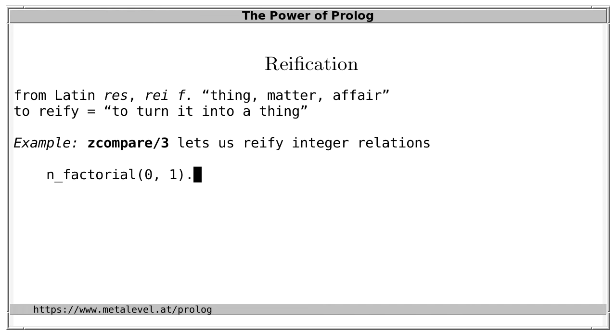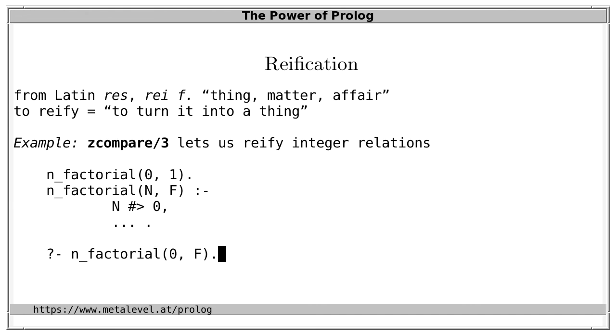And as an example use case, let's consider the relation between an integer n and its factorial f. So, for example, the factorial of 0 is 1. And further, f is the factorial of n if n is greater than 0 and so on. And when we now query, for example, what is the factorial f of 0, then this first argument, 0, unifies with 0 in the first clause and also with n in the second clause.